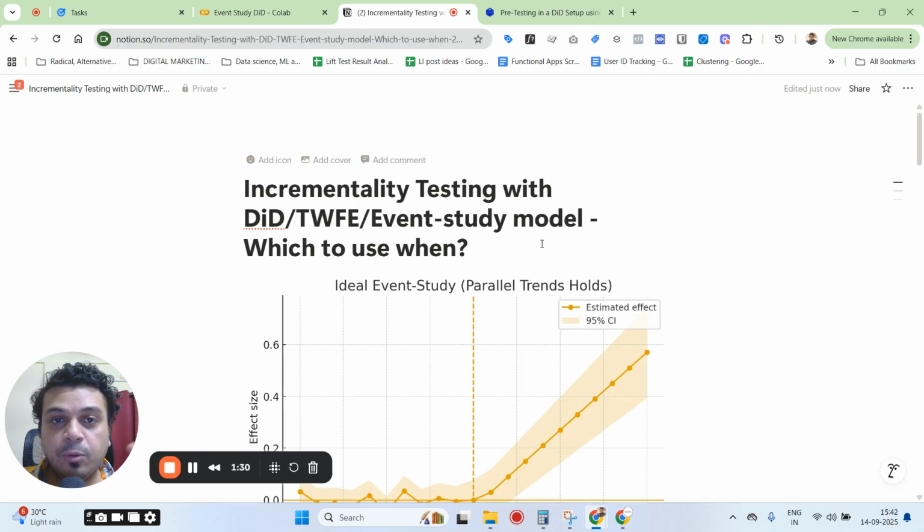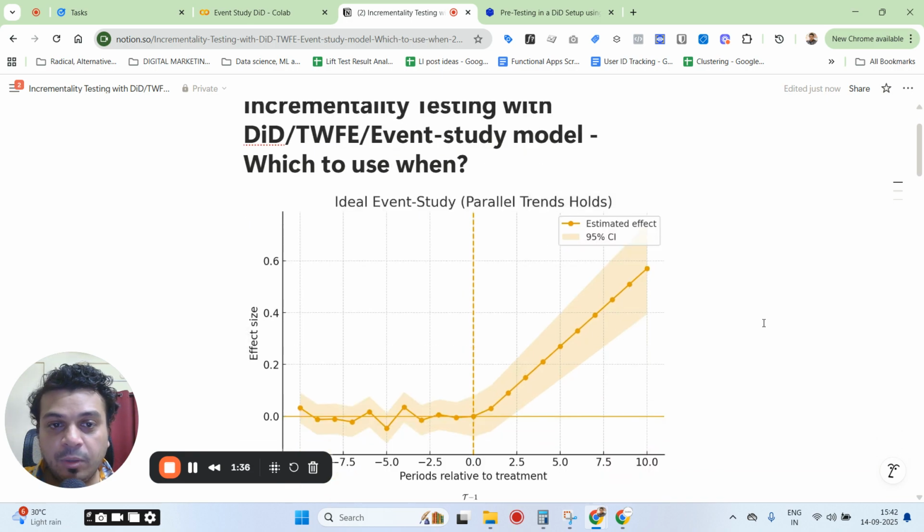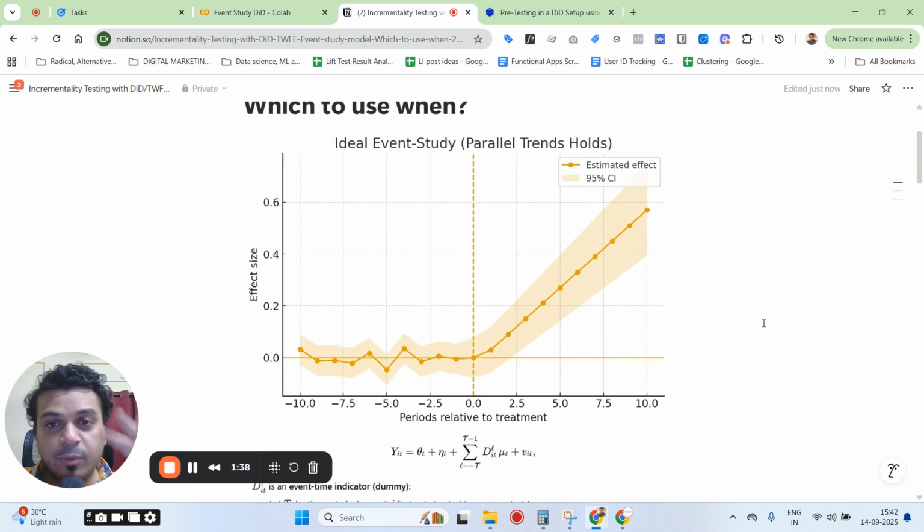We are going to see how they are related and in what situation which one you should be using. But let's actually study with a simulated case. Okay, so this is an ideal case where you have the assumptions or the requirements of the model being satisfied. And the most important assumption of this model of event study analysis is the parallel trends.